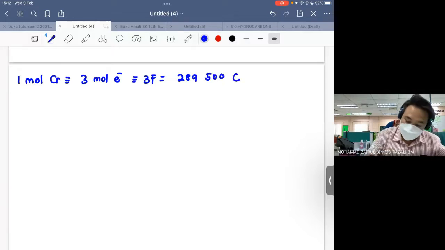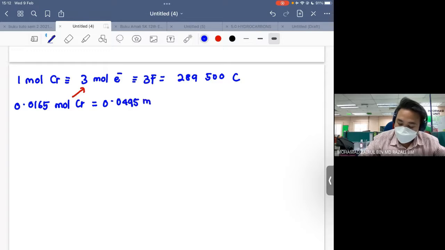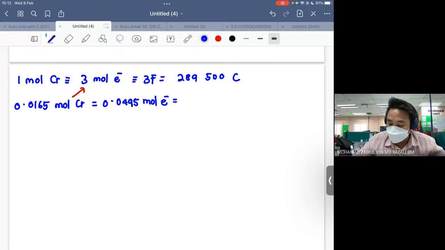Okay, so sekarang ni kita ada 0.0165 mole of chromium, kalau awak buat cross multiplication, awak akan dapat 0.0495 mole of electron.